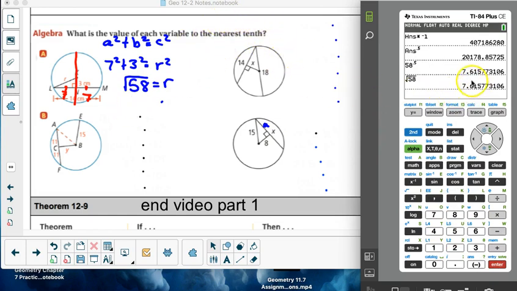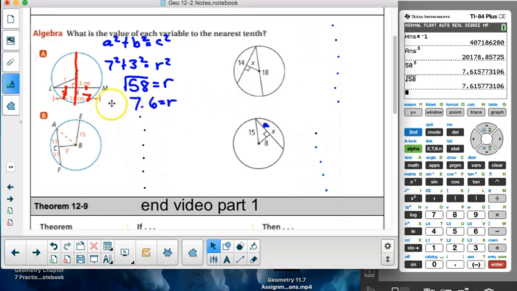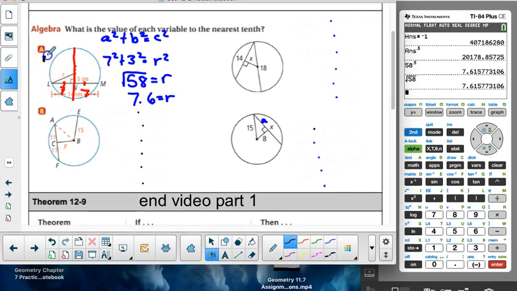The nearest tenth is the first digit past the decimal, so it's 7.6. And that's my value for R. So R is 7.6 centimeters, and perhaps I should write in there that R is 7.6 centimeters, so you all know.